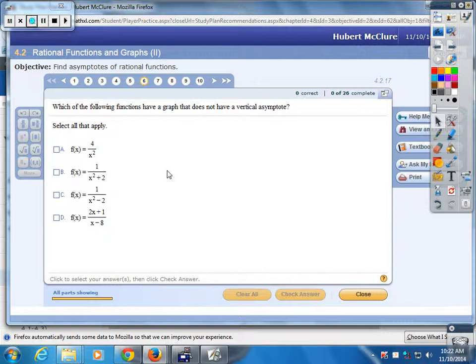No, negative 2 squared is 4. All right, somebody give me the number that gives you a 0 in B. x squared plus 2 is equal to 0. x squared is equal to negative 2. Take the square root of both sides. You can't take the square root of a negative. So you can't find a number to give you a 0 in the denominator.